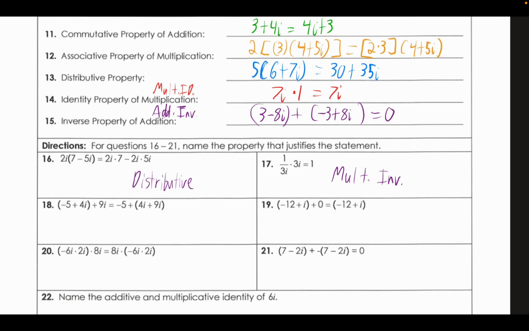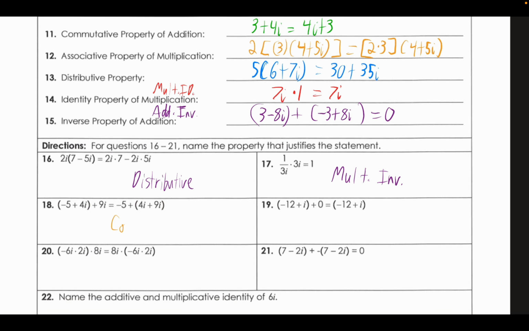On number 18, we have negative 5 plus 4i plus 9i is equal to negative 5 plus 4i plus 9i. These are still in the same order, negative 5, 4i, 9i, but the parentheses moved. So it's not the commutative property, because they didn't move around. They're now in a different grouping, and it tells us to do different problems first.